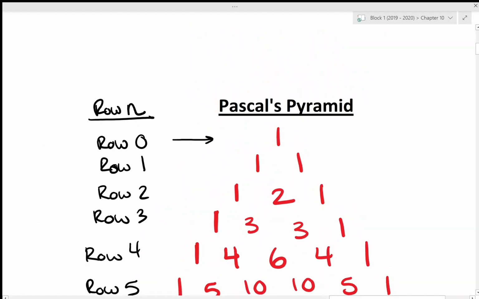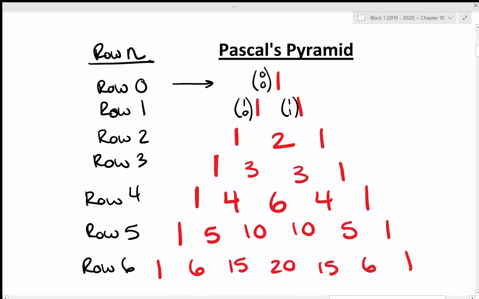So in row 0, this is going to be 0 above 0. You get 1. With the next one, you're going to get 1 above 0. You always start with 0, not 1. 1 above 0 would be 1. Then 1 above 1 would be 1 as well, right? Because either your r is 0 or your n and r match. You're going to get 1. Then here, this is row 2, so 2 above 0, 2 above 1, 2 above 2.